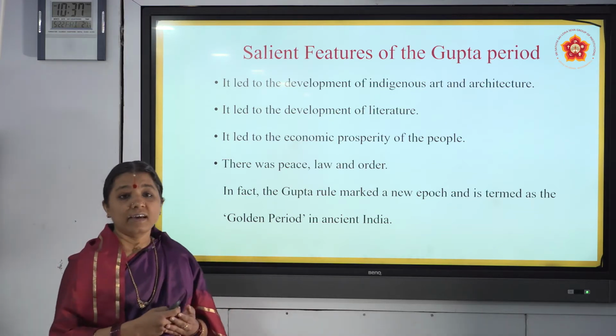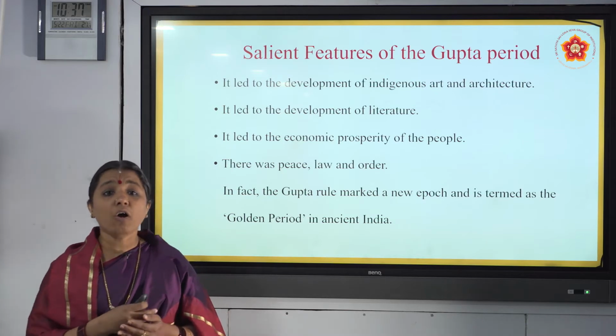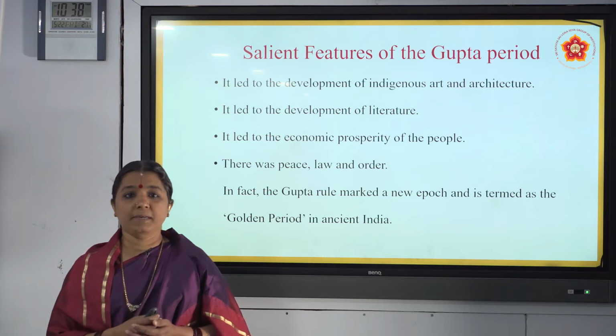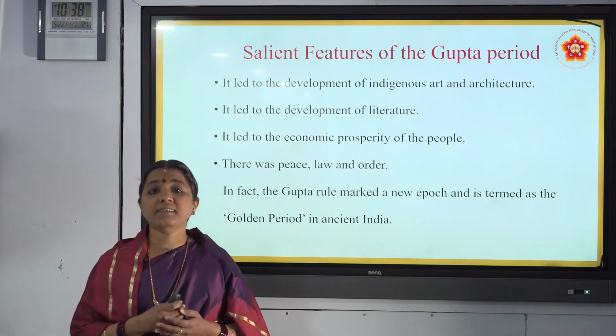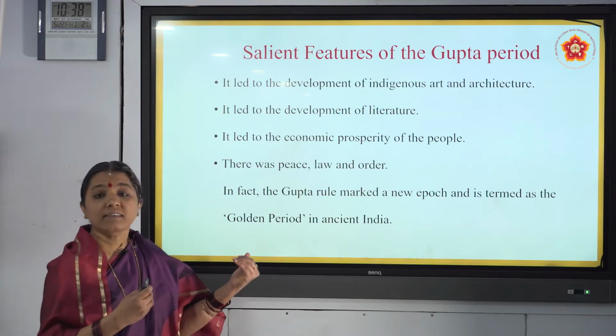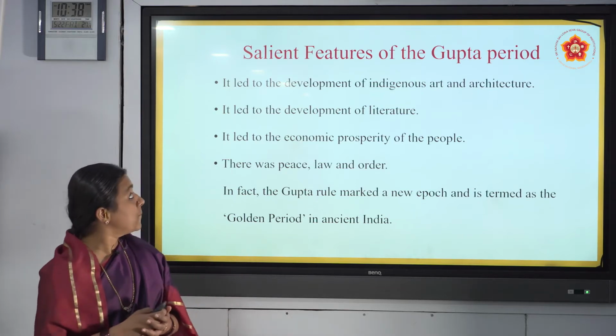So thus India attained all round progress during the Gupta period. So the Gupta period has been rightly said to be the golden period in ancient India.